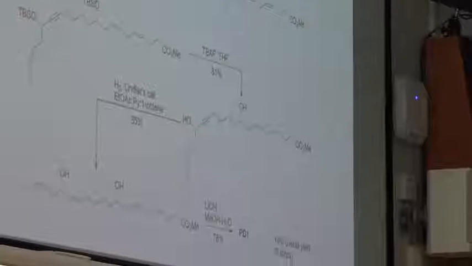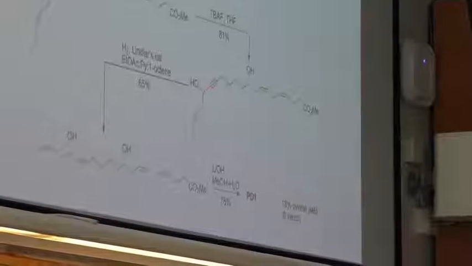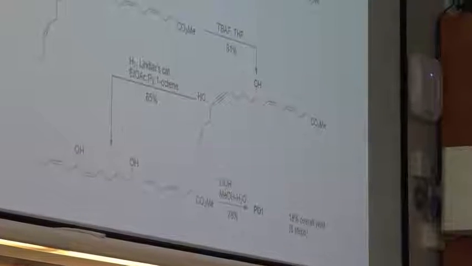Next, a Sonogashira cross-coupling with A afforded the desired intermediate shown here in very high yield. The removal of the silyl protecting groups afforded the diol, and then they reduced this triple bond to the cis double bond.